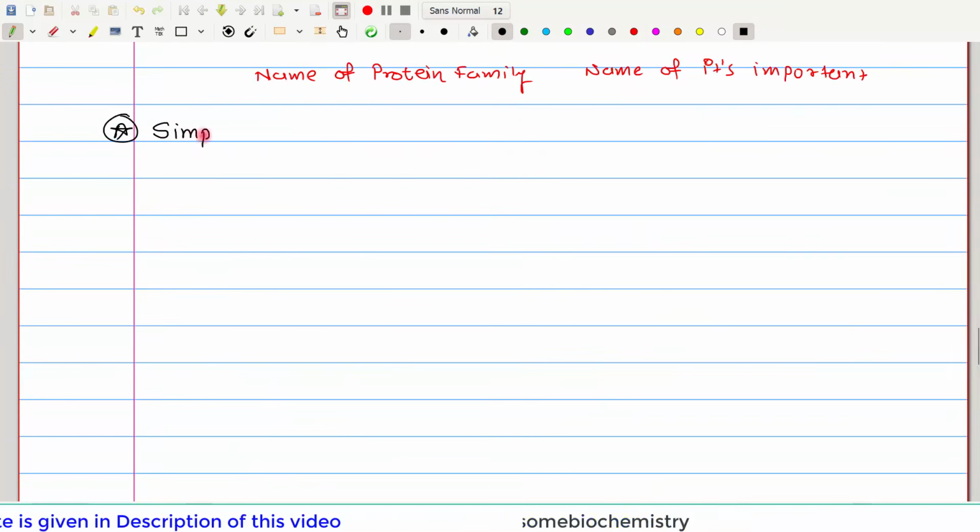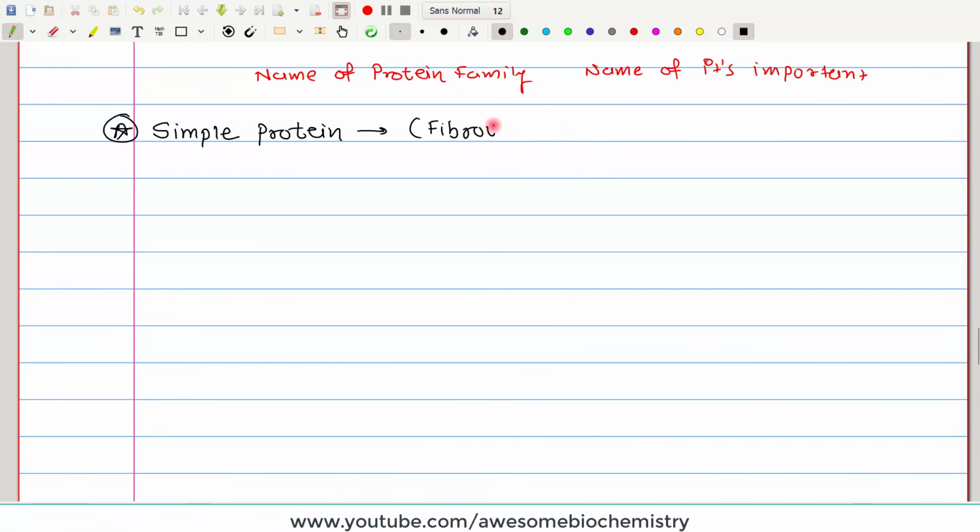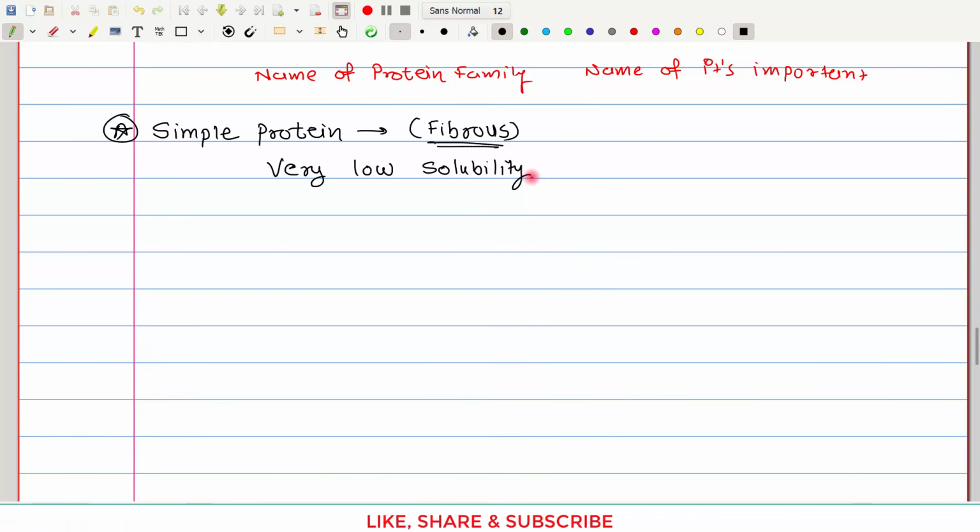Now let's look at the simple proteins, fibrous protein variety. Now there are certain important characteristics of the fibrous proteins. What are these? Fibrous proteins generally have very low solubility. We had seen that globular proteins are either soluble in water, or soluble in dilute salt solution, or soluble in alcohol, or soluble in dilute acid, like that. But in case of fibrous protein, it is not so. They generally have very low solubility.